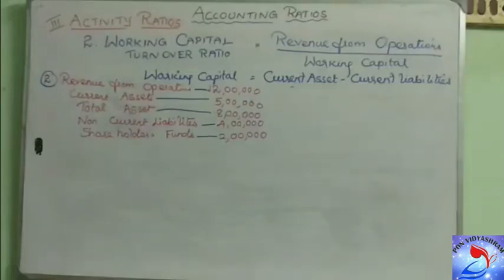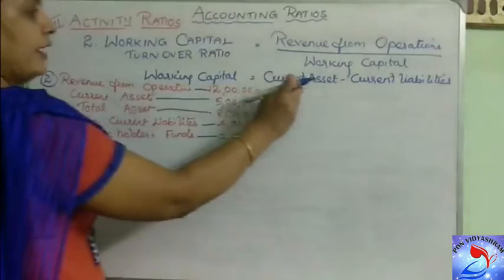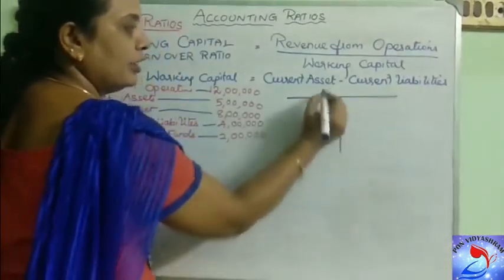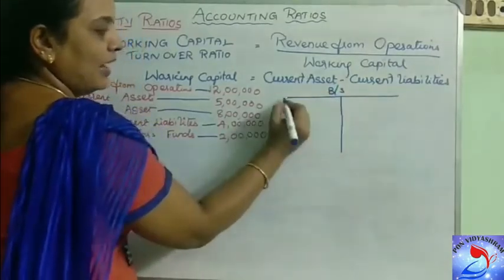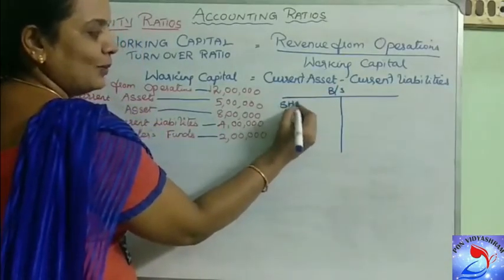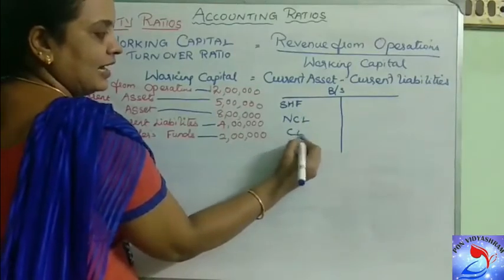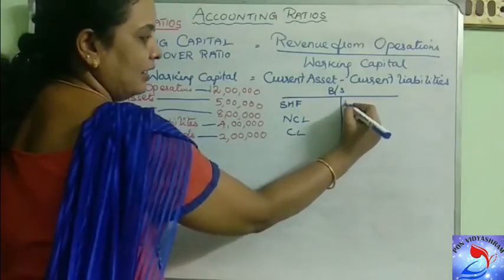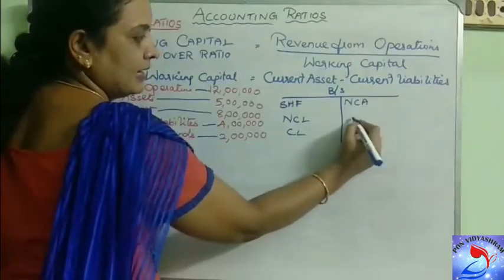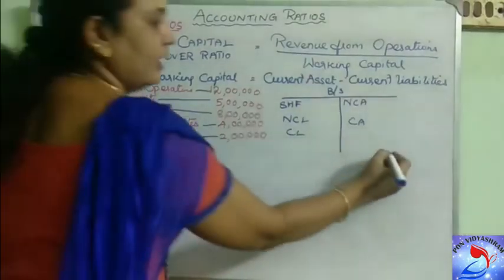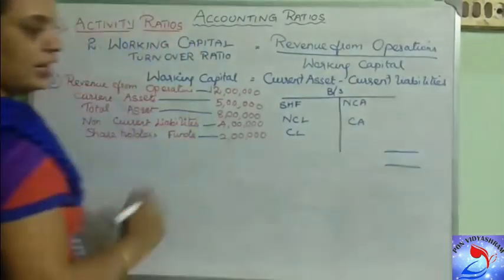Now let us find out current liability. I can apply the formula and show you how to find it. Just always remember your balance sheet. What is the balance sheet? Shareholders fund, non-current liabilities, current liabilities, and then non-current assets, current assets. Now which one do I need to find out?